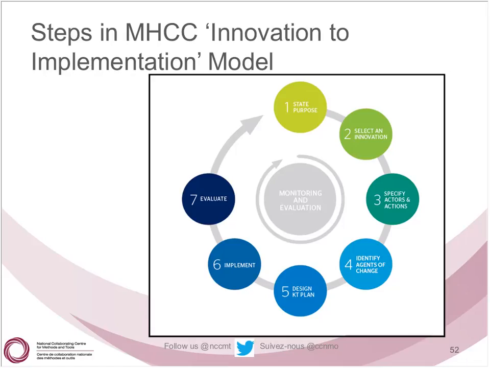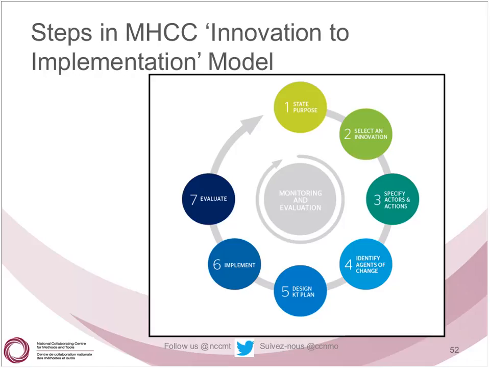Agents of change, so this is where the champions come in. Who's going to lead this? Who's going to get people on board? That's a really important piece of any knowledge translation approach. Designing the KT plan, so here we're starting to think about key messages for particular audiences. What do we want them to know? What do we want them to do? And it depends, of course, on the particular stakeholder.